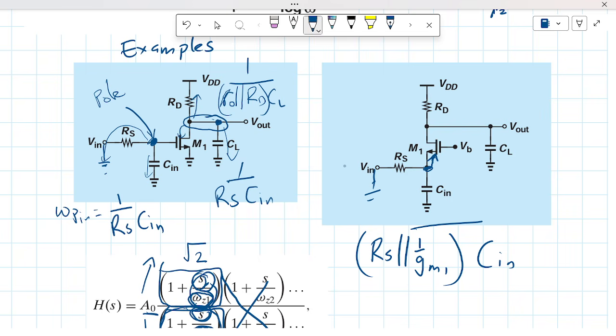So this will be the pole. Looking at node 2, the pole is going to be 1 over RD, if you don't want to ignore channel length modulation, in parallel with RO, all times CL.